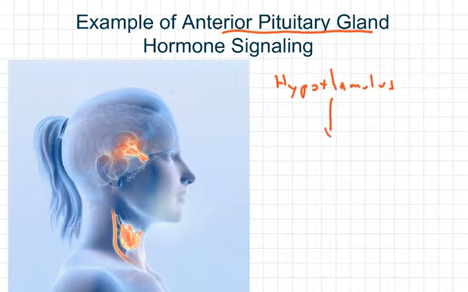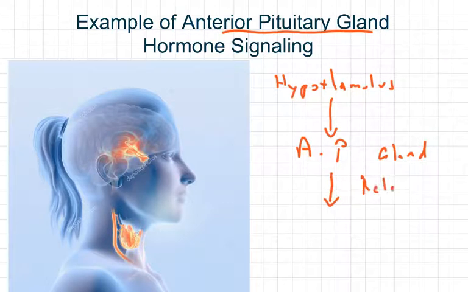That sends a particular hormone to the anterior pituitary gland. Then that releases a particular releasing hormone, which works on an effector organ.